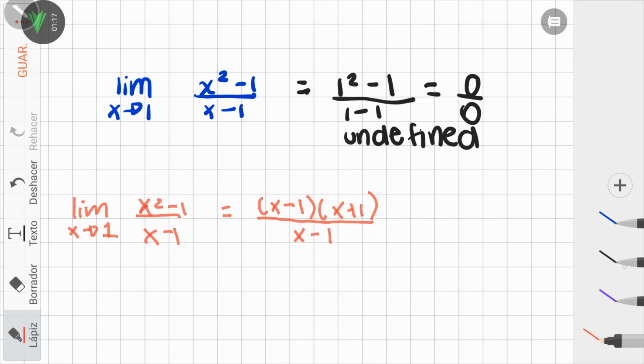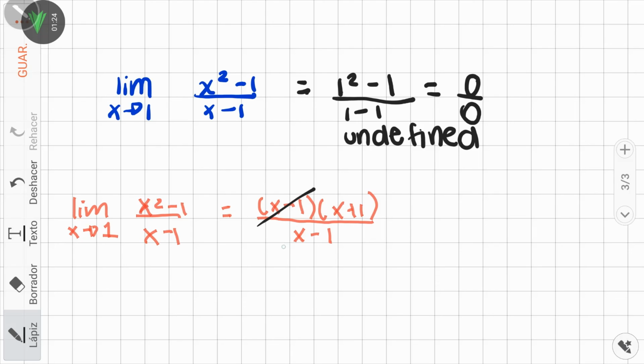Then notice something really important here. You can cancel out this x minus 1, which is in the numerator and in the denominator. So cancel those things out, and then it will be the limit of x plus 1 as x approaches 1.